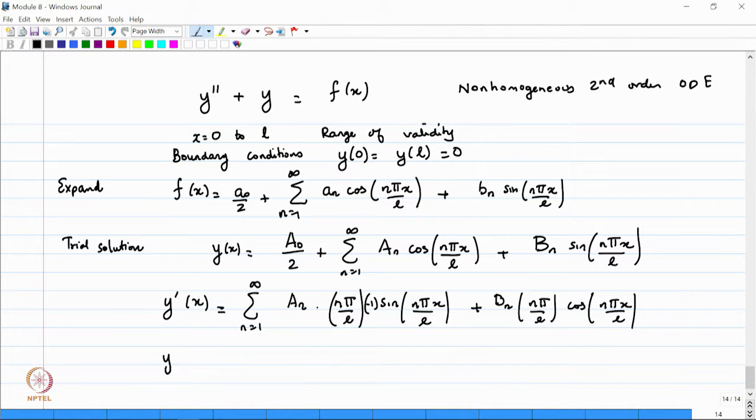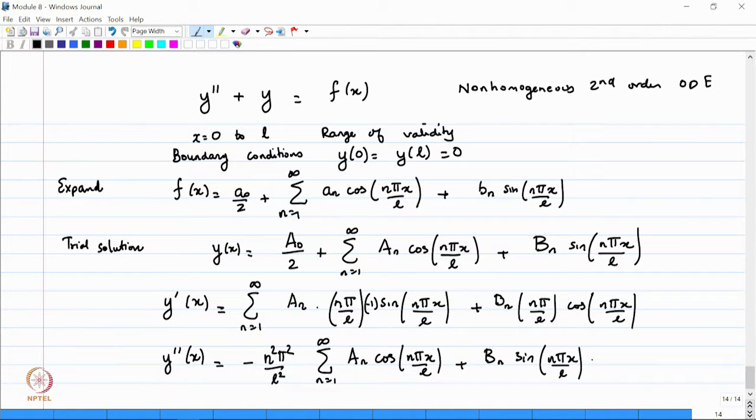And now if I take y double prime of x, I can write it as minus n square pi square by L square, and what I will get is back a n cosine n pi x by L plus b n sine n pi x by L. So I just took two derivatives of sines and cosines, so I get minus n square pi square by L square into this.